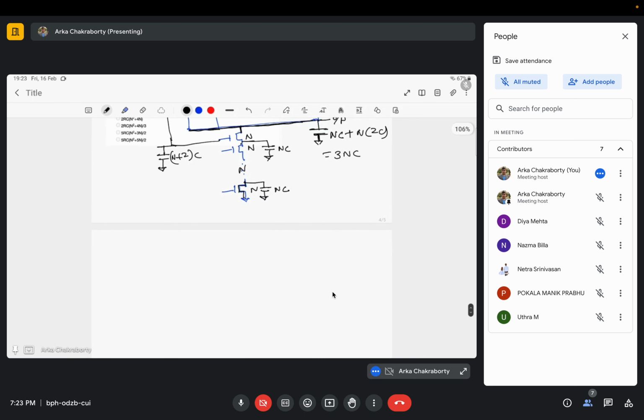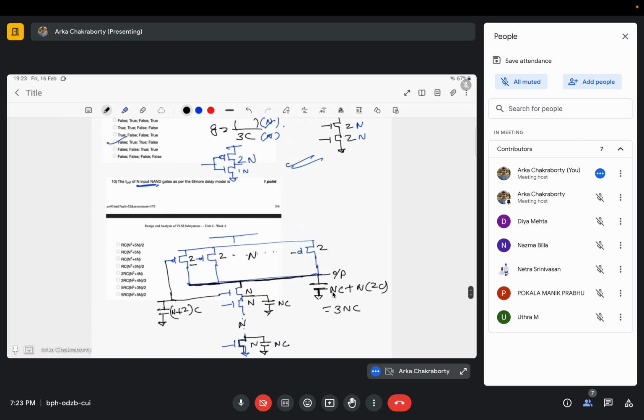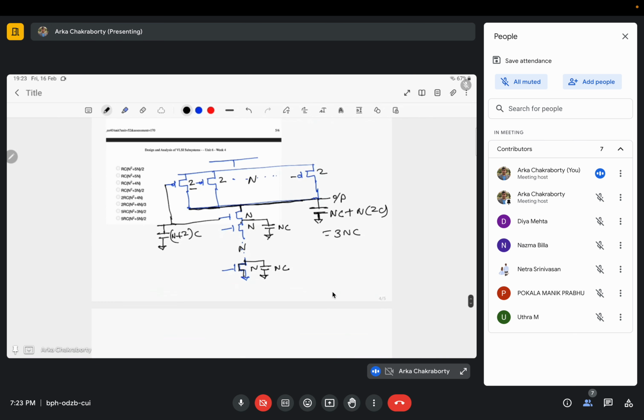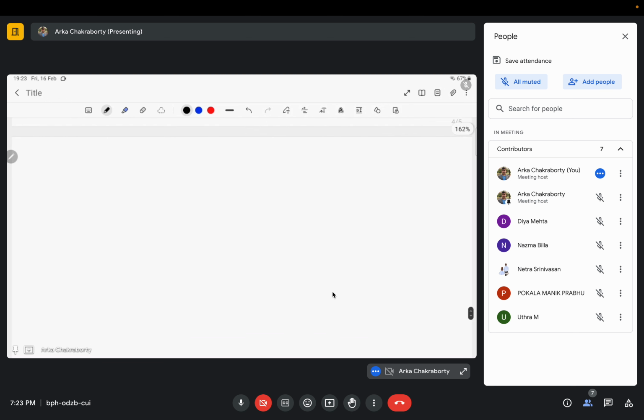Now let's move forward. It has been asked to find the falling delay, so I'll be considering the NMOS stack now. Let me draw the Elmore delay circuit, the RC circuit for the NMOS stack. This is my output node.